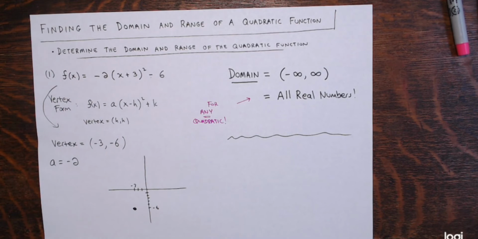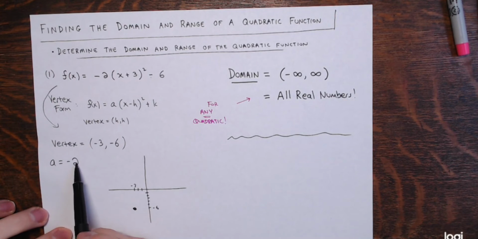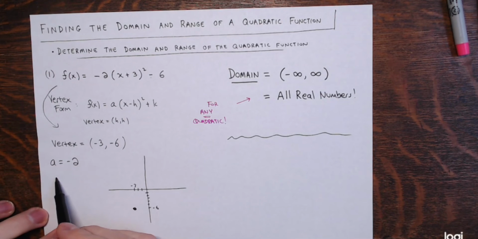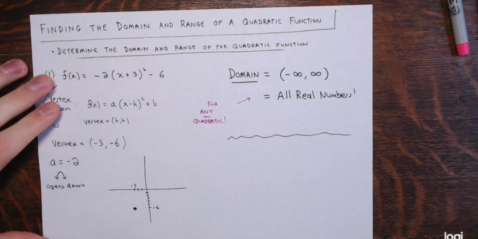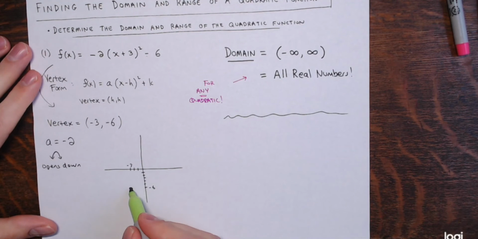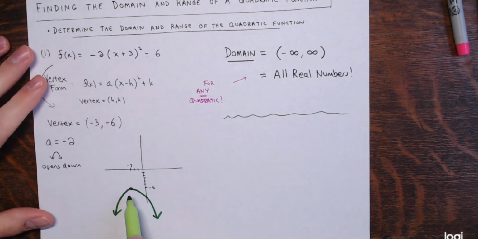If you recall from the last video I put out on this, if that lead coefficient is negative, the parabola is going to open down. That's all I really need to make a very rough sketch of this parabola. The vertex is at (-3, -6), and it's going to be opening down. I don't know exactly how, it should be symmetrical about x equals -3, but again, very rough.